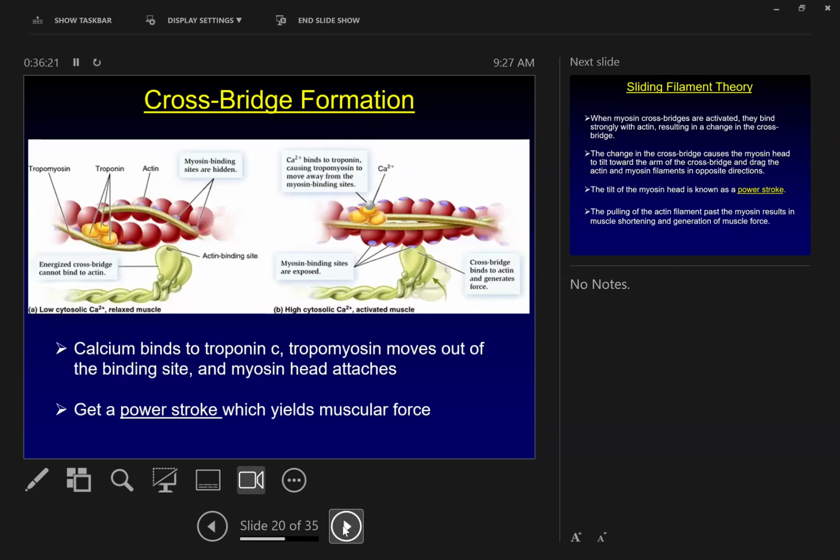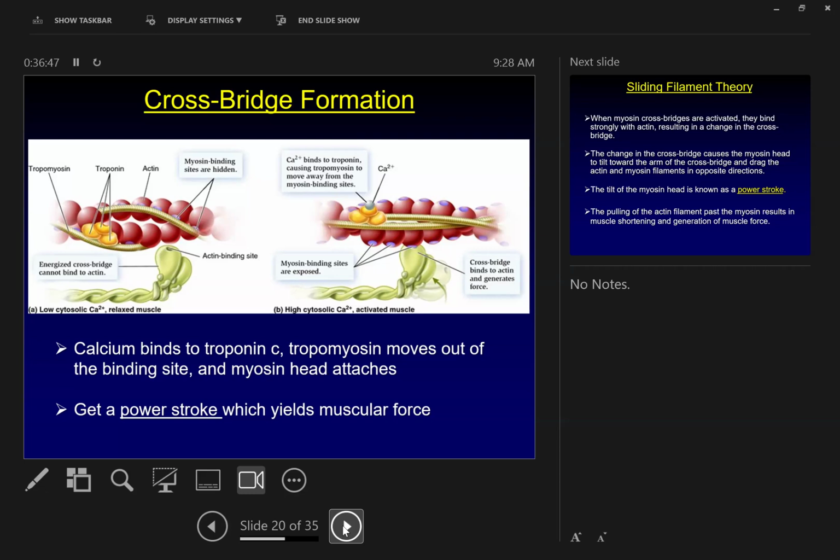So we've talked about the individual filaments. We've talked about the individual proteins and how they're regulated. Here now is what all of this looks like. All of our skeletal muscle structure, all of our organization, is going to come down to our ability to maximize the potential to do exactly what is on this slide, and that's form a cross bridge.